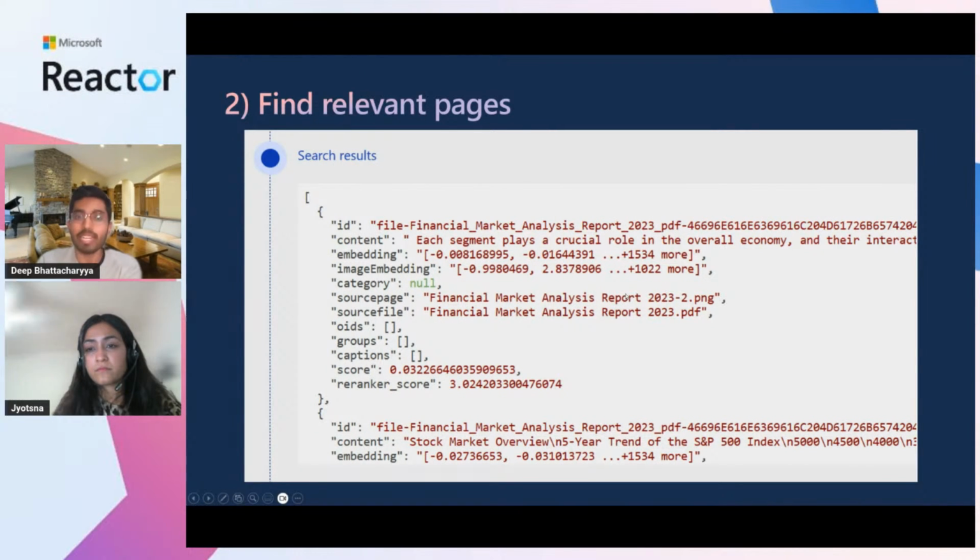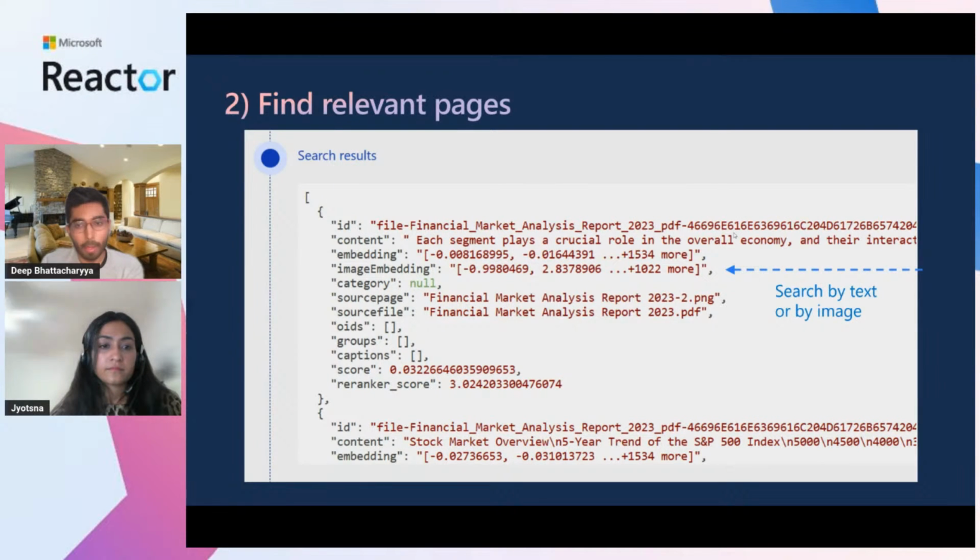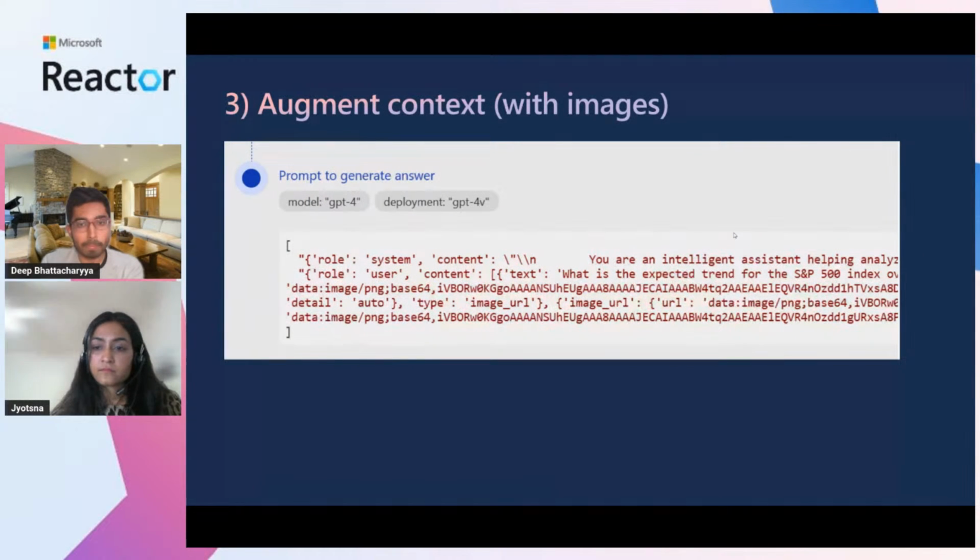So it has embedded the PNG file that you put into AI Search initially. And then all it's doing at runtime is saying, okay, this is the query, this is the vector embedding for the query, this is the most relevant result, and that's the embedding for the most relevant result. And in terms of the content, it's actually generated a bit of content as well. Awesome. And then you've got the images in there.